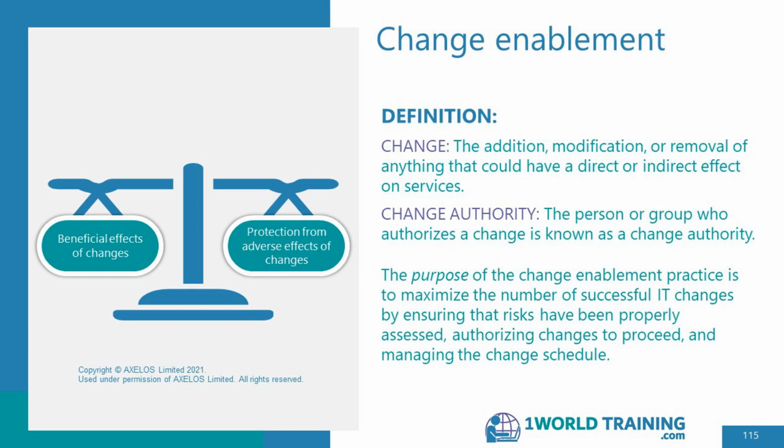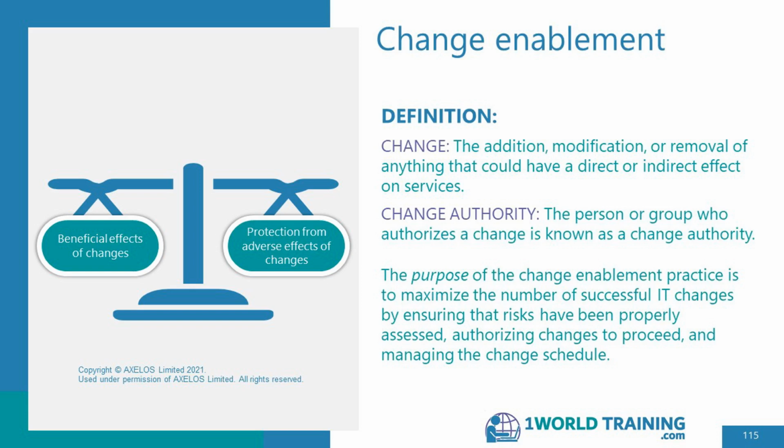And this is an important term to be familiar with. I will talk in a couple of minutes about change authorities and what sort of person or group might be a change authority. But probably the most important thing on this slide is the little balance on the left. We need to balance the beneficial effects of changes with protecting the organization from the adverse effects of changes.